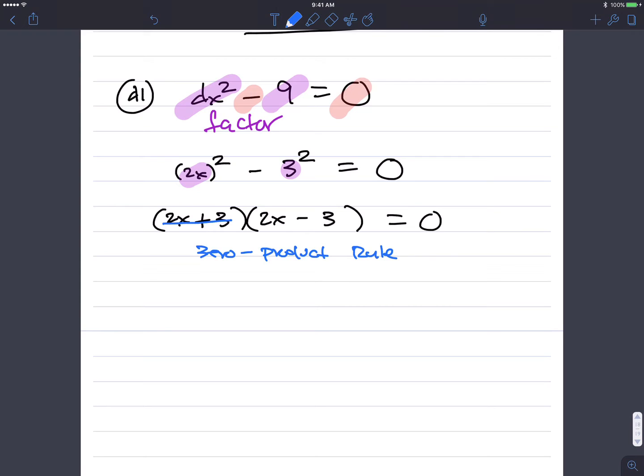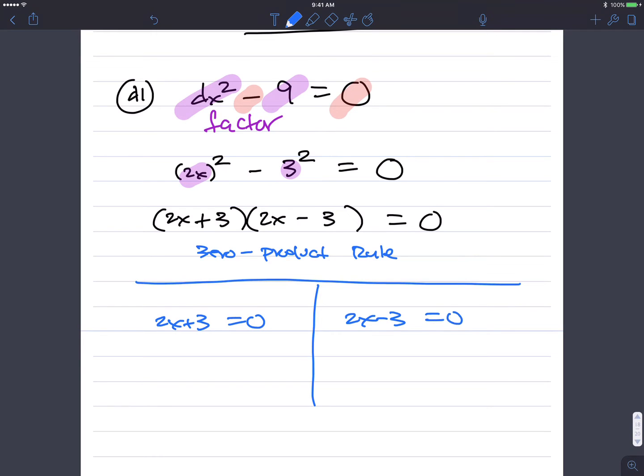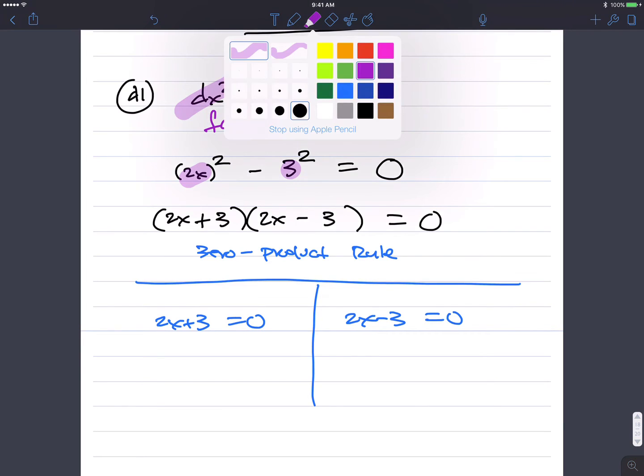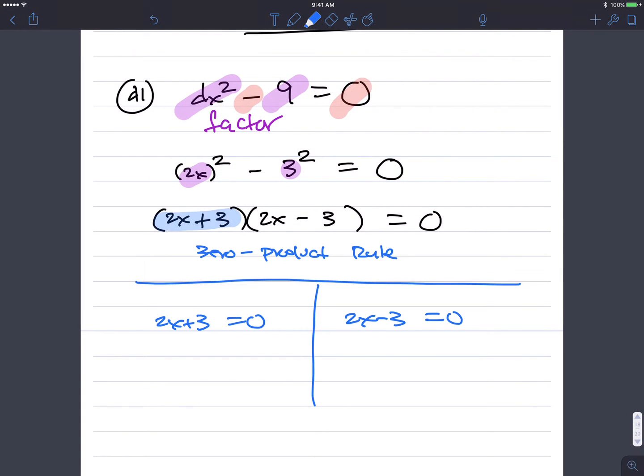Here's my first term, and my second term. So, what's the first term? Isn't that 2x plus 3? And that equals 0. The next term, 2x minus 3. So, I'm going to use these terms here. First term, and then my second term, I have a product here, and it equals 0. So we're using that zero product rule.